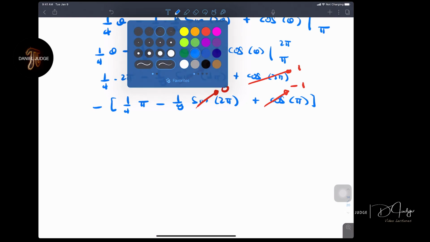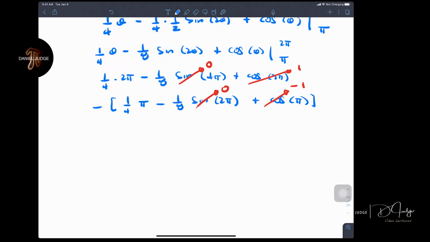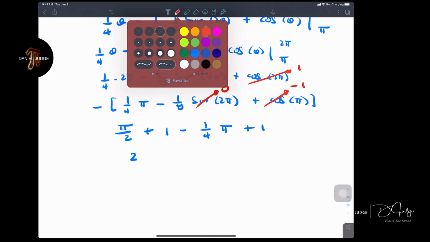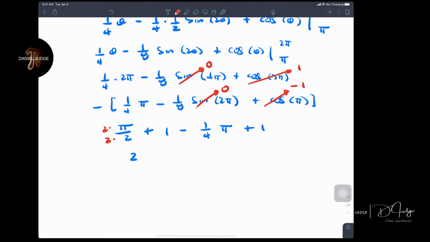So now I'm going to do the multiplication. 1/4 times 2 pi will be pi over 2, plus 1, minus 1/4 pi, minus a minus 1 is plus 1. So we get 2, and let's say this is 2 times 2. So we get 2 pi over 4 minus 1/4 pi.